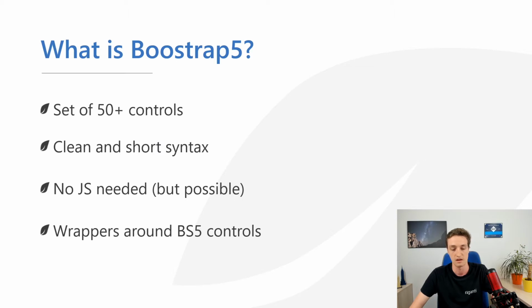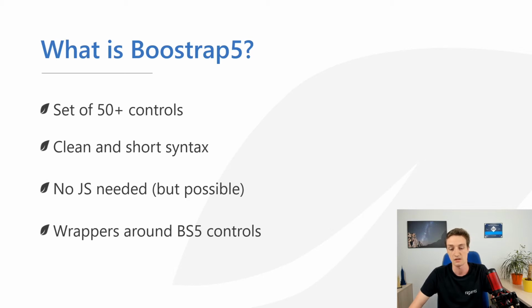So, for example, you can bind your modal dialog's is displayed property to some kind of Boolean property in your view model. So the API is practically very clean and short, and basically no JavaScript, for example, is needed. .vvm makes sure to initialize everything for you.